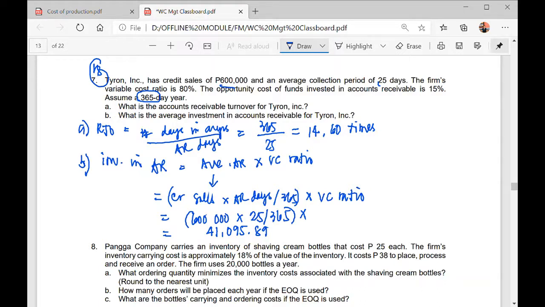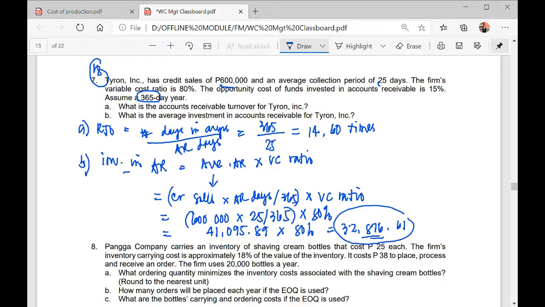Is there a variable cost ratio? Naa. Okay, so that would be, pila man siya. This is 80%. So, times 80%. So, what would be our answer? Okay, correct. 86. Okay, so that's correct. So, this is our investment in AR.